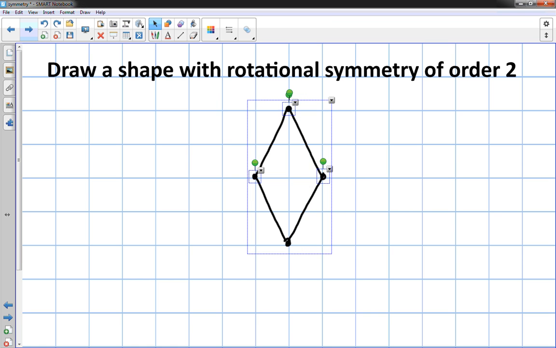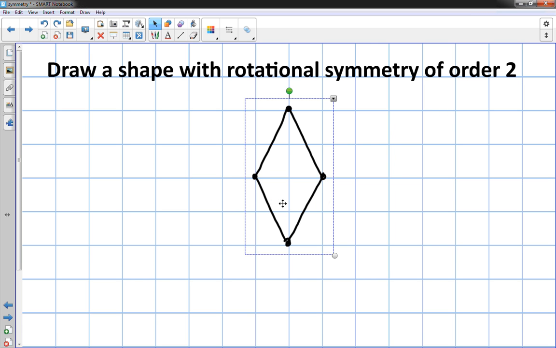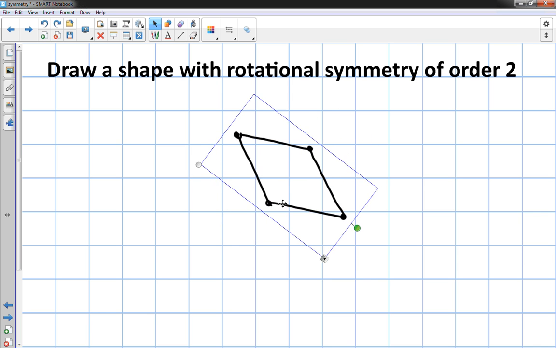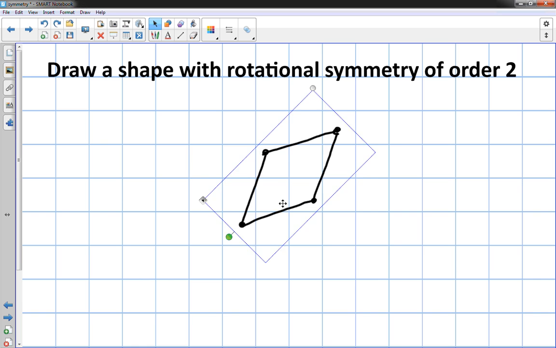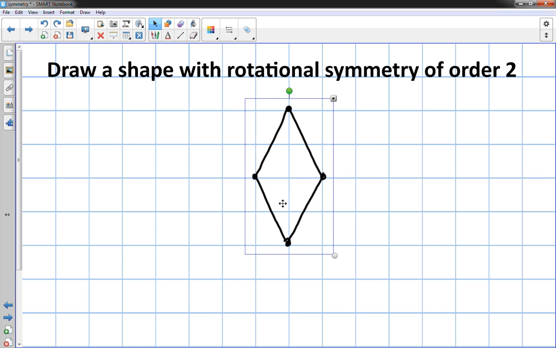Group it here. Okay, watch that green dot. Nothing yet, nothing yet, nothing yet, nothing yet. There's one. And if I work my way back around, it has another one. So it has rotational symmetry of order 2.